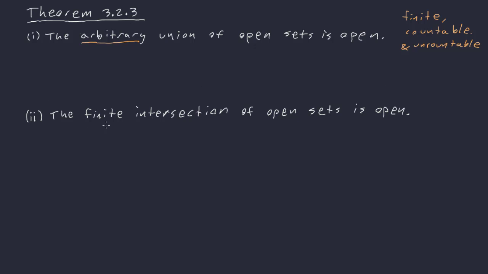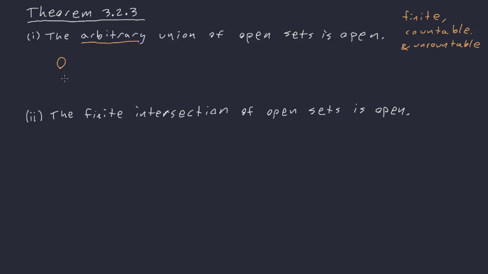Of course, 2 is just saying that the finite intersection of open sets is open. So this means that it won't always be true if you're talking about a countable intersection or an uncountable intersection. We can only guarantee it to be true for a finite intersection. So essentially, if we have a collection of open sets, and usually for the arbitrary thing, they won't use n, like O sub n.